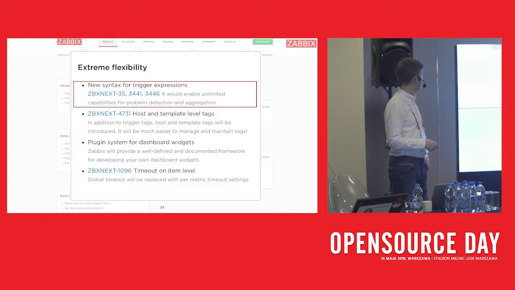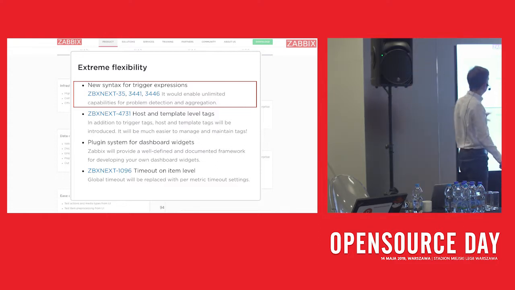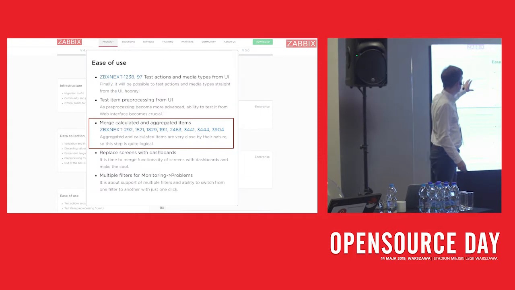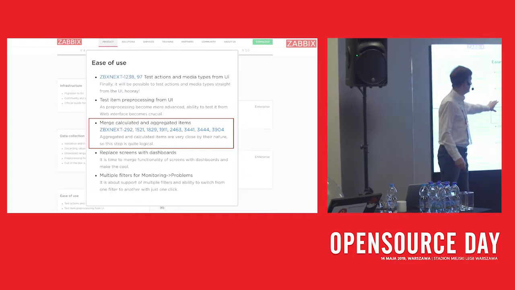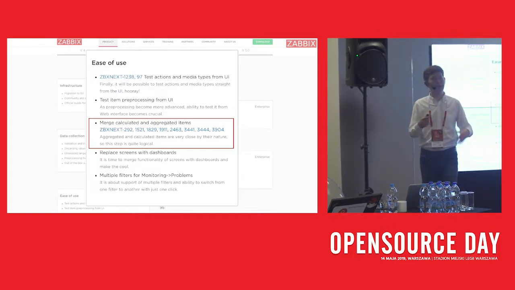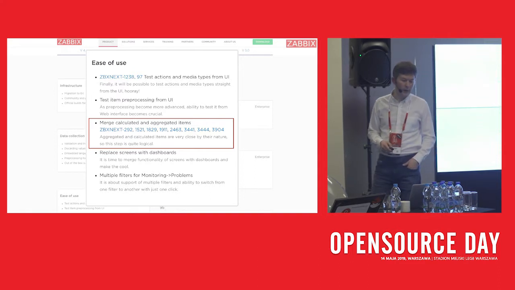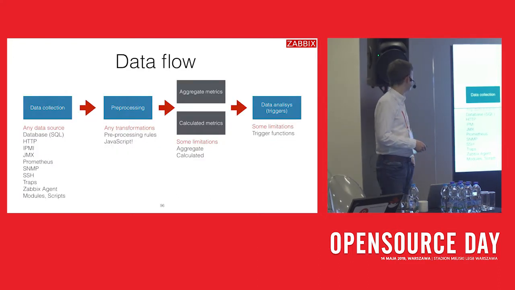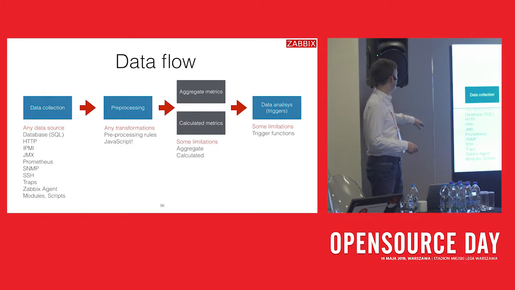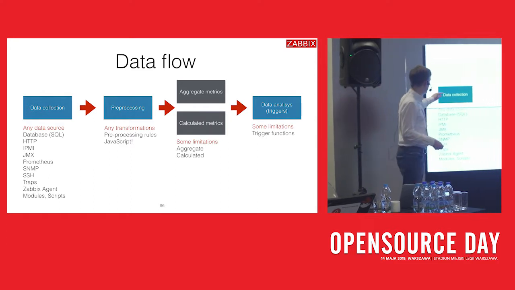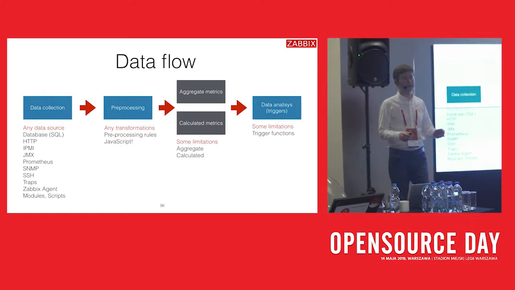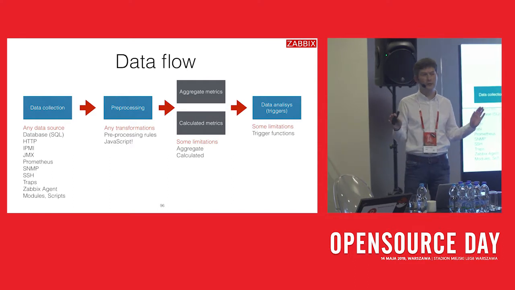Extreme flexibility is about a new syntax for trigger expressions, and it's about merging calculated and aggregated items. Why would we need it? If we have a look at Zabbix data flow, so data collection, at this moment Zabbix is able to collect data virtually from any data source.